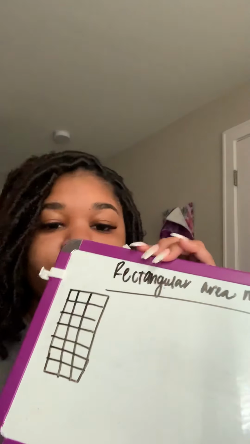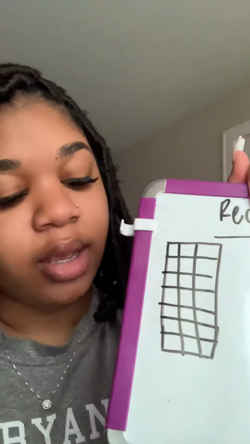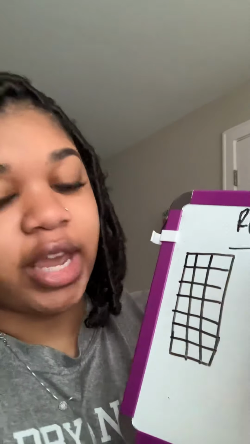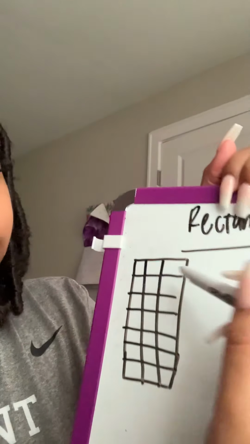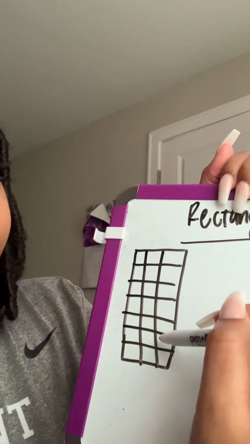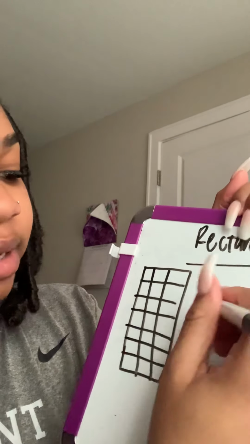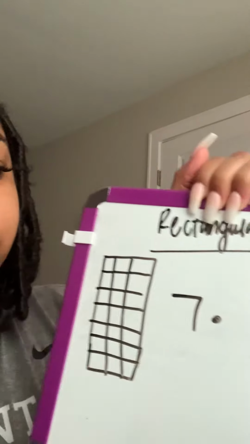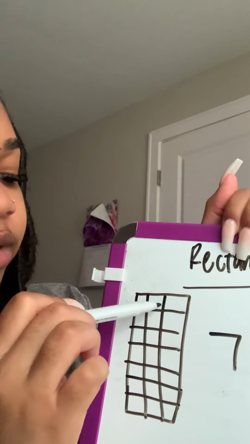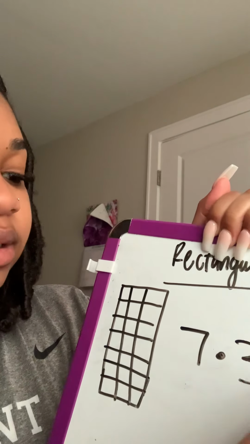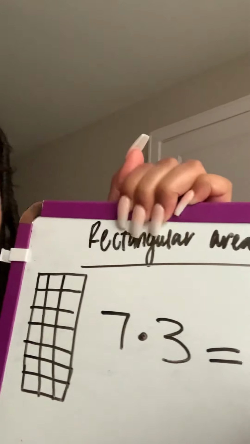Okay, so I have a rectangle here. And if you count going down, you have 1, 2, 3, 4, 5, 6, 7. So 1, 2, 3, 4, 5, 6, 7. This box is going down. So the 7 is going to be your base number times. And if you count going across, you have 1, 2, 3. 3 boxes. And 7 times 3 is 21.